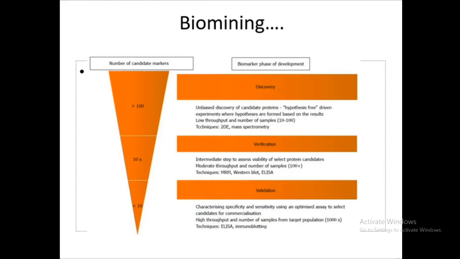Then once you get to validation, the development of an assay that can accurately quantify it, this can go down even further. In fact, there are some biomarkers that get to the process of validation and subsequently fall away and aren't valid for use in a clinical setting. So that gives you an indication of the narrow margins that we're having to deal with here.